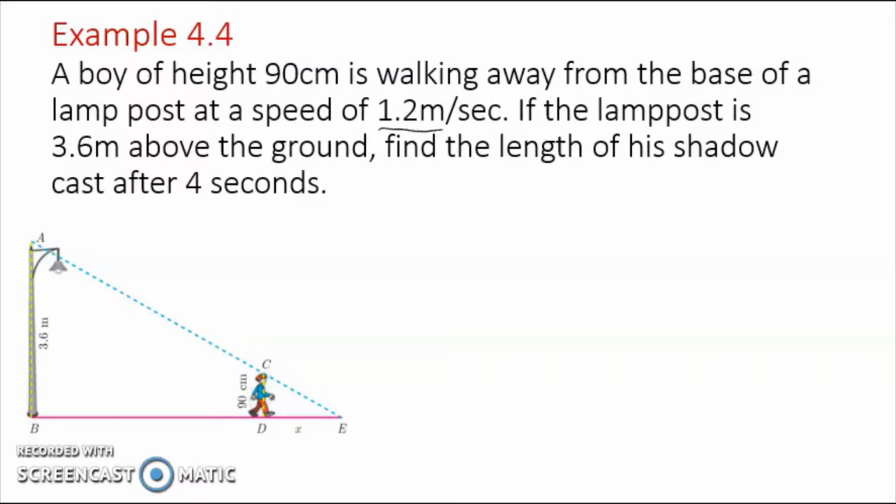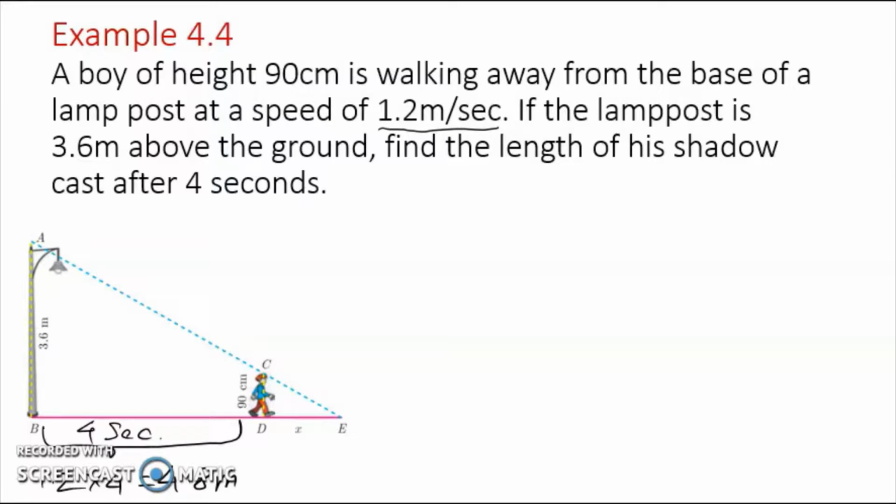That's the speed at which he is traveling. And we need to know what was the shadow that was formed. Let's assume that he has walked this distance. The time they've given is 4 seconds. In 4 seconds, he has crossed this distance. So this will be 1.2 into 4, 4.8 meters. Okay, so he's walked 4.8 meters.